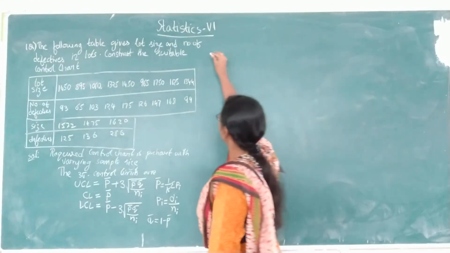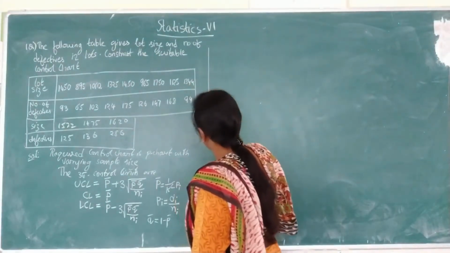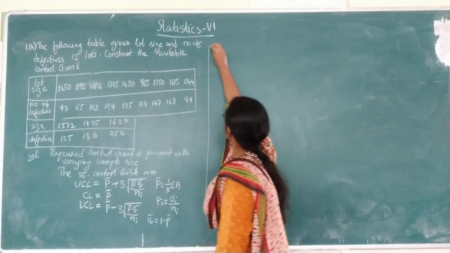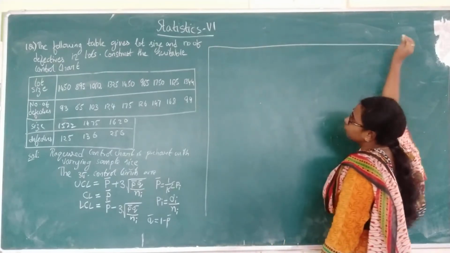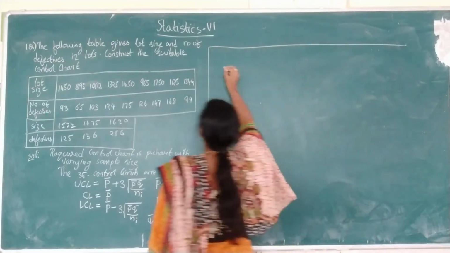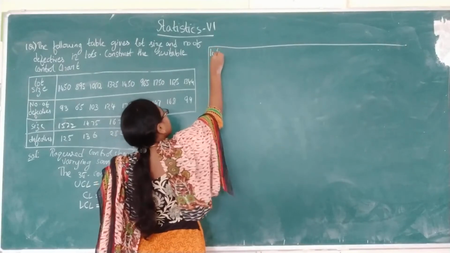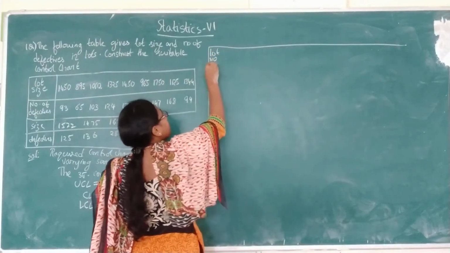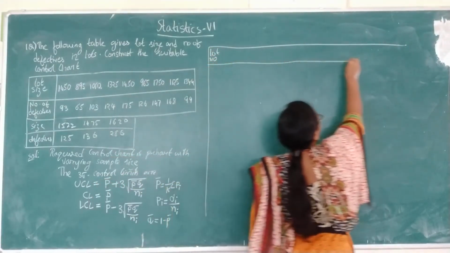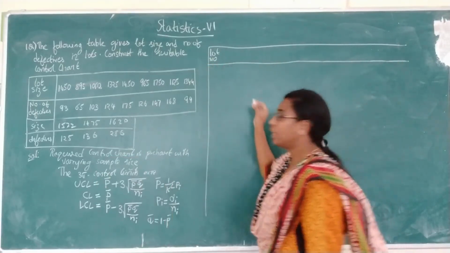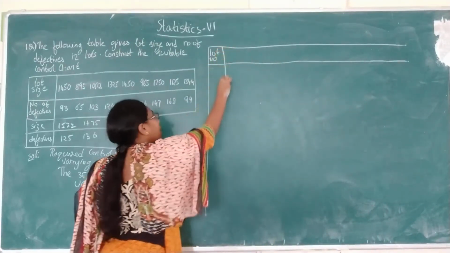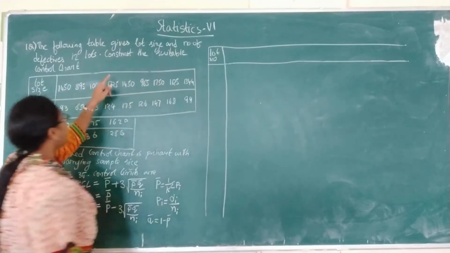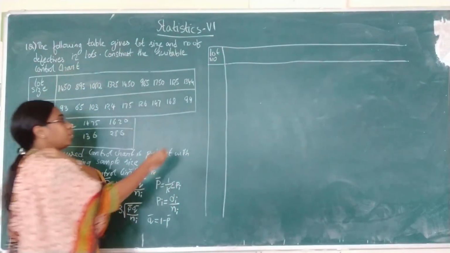So first draw the table. First write down the lot number. Generally we write sample number, but here they have specified lots. So first write down the lot numbers. How many lots do we have? In total they have given 12 lots, so write down the 12 numbers.